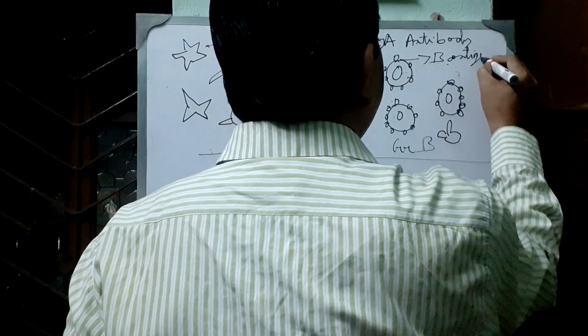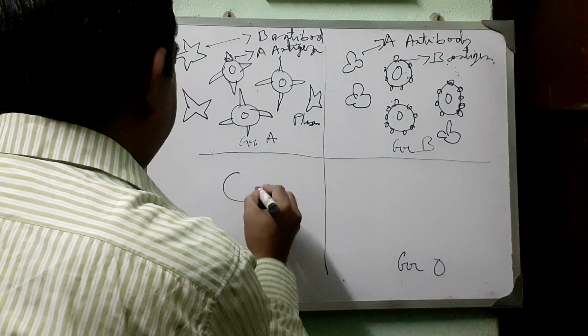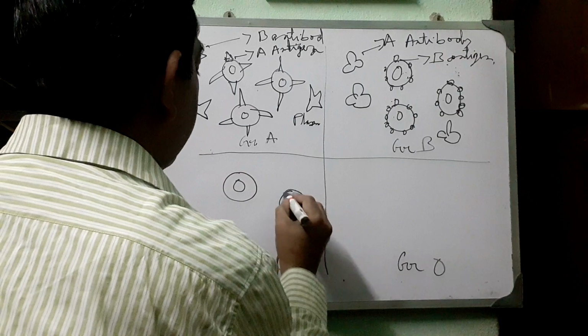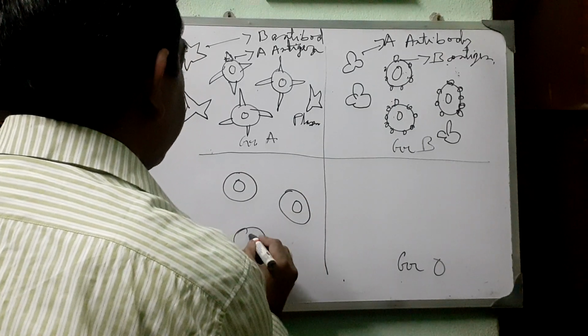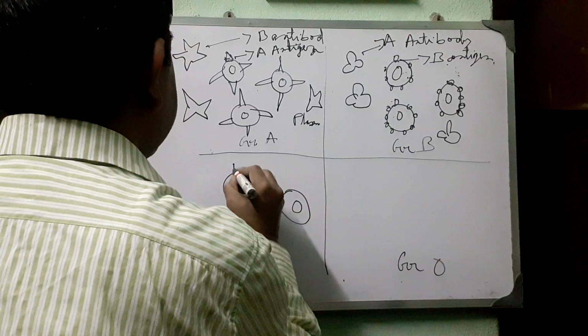In case of AB group blood, what happens? Both antigens, A and B, will be present on the surface of the red blood cells.